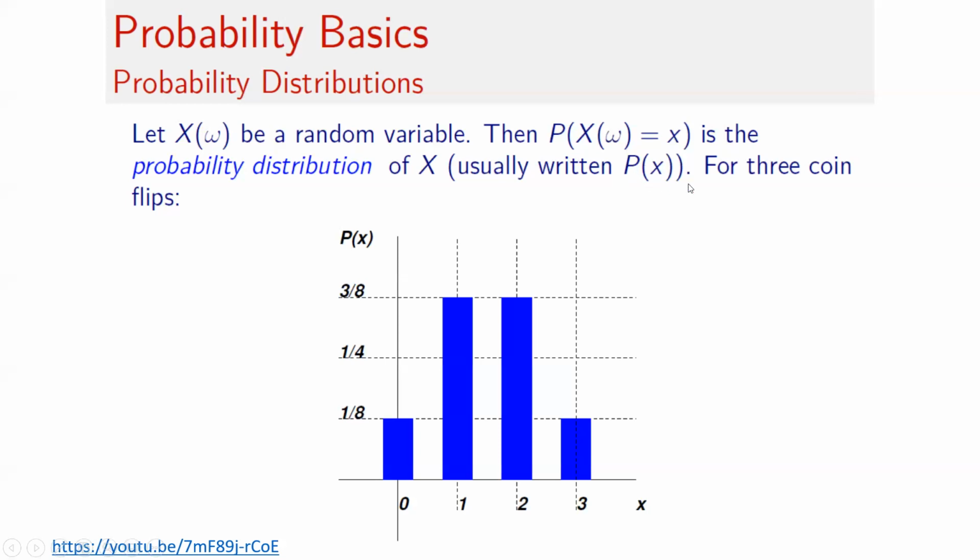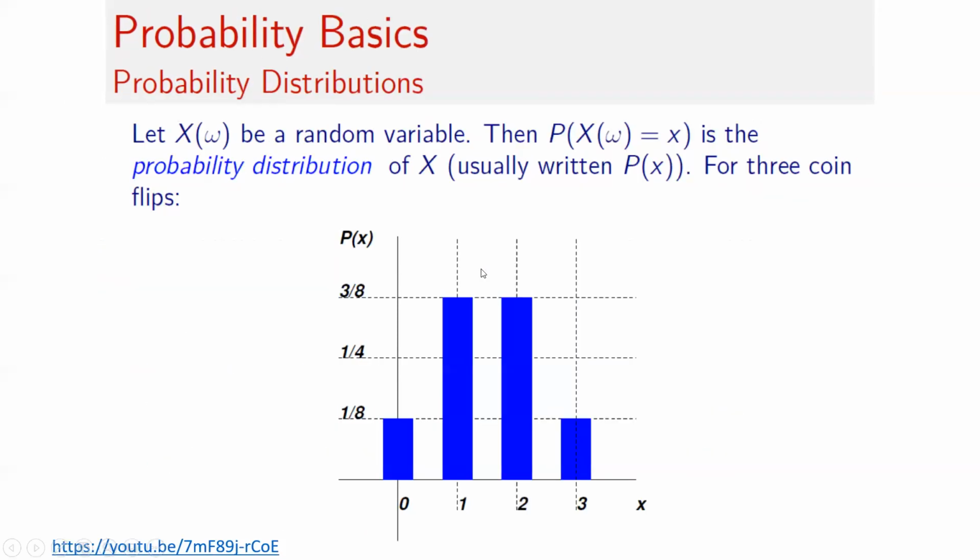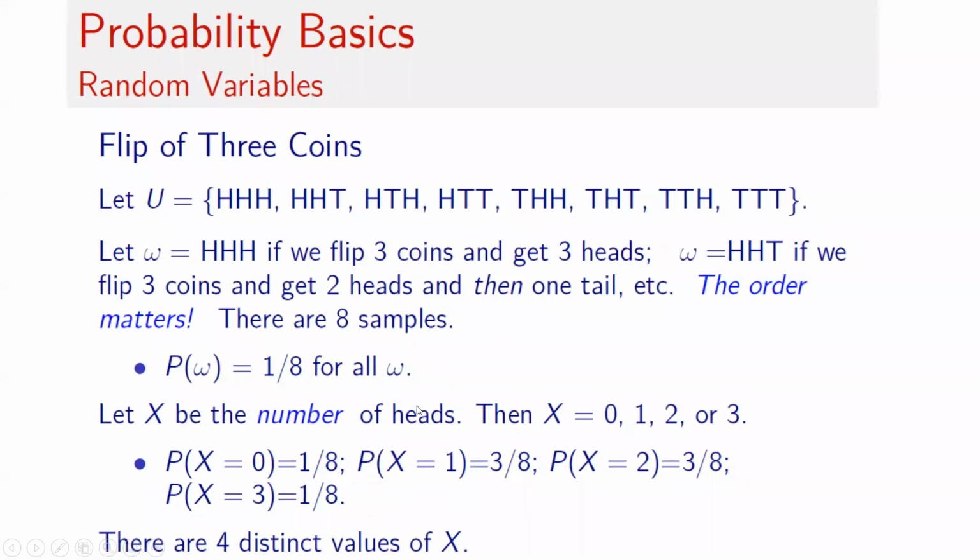And for the 3 coins example, the probability distribution is this. This is the probability distribution for this example.